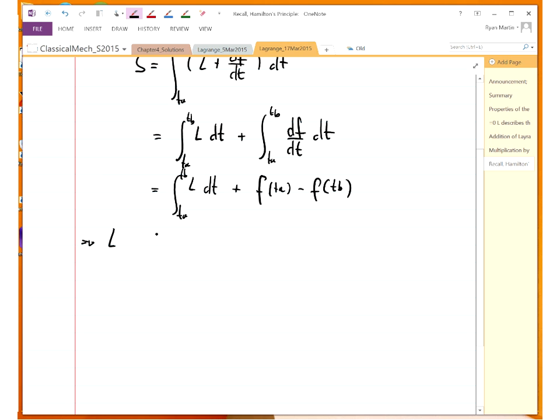Now, L is given, or let's say L is the function that makes S stationary.